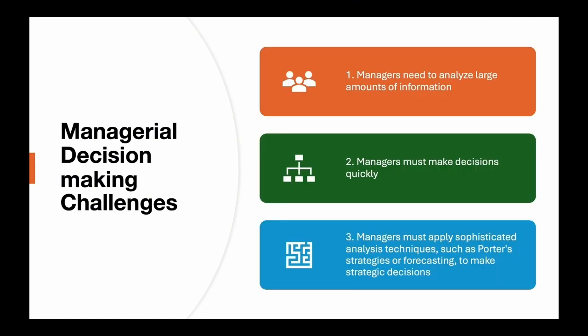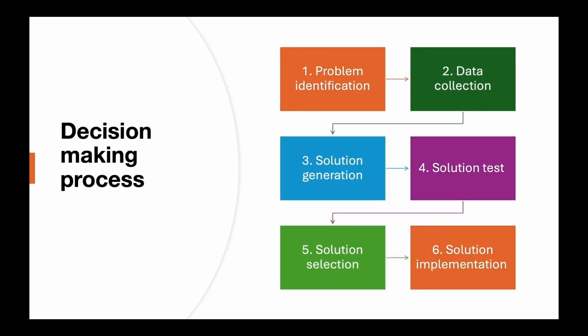Managerial decision-making challenges. Managers need to analyze large amounts of information. They must also make decisions quickly. And managers must apply sophisticated analysis techniques such as Porter strategies or forecasting to make strategic decisions. The decision-making process includes 6 steps.